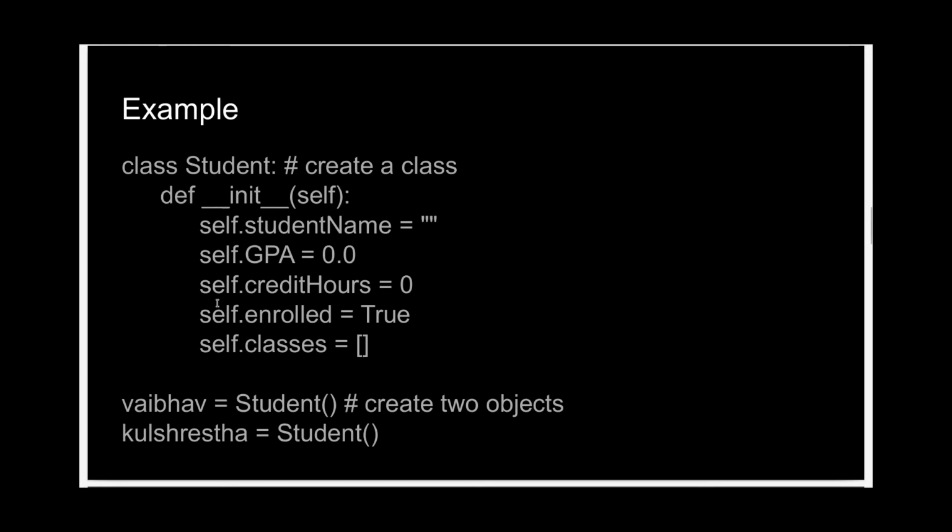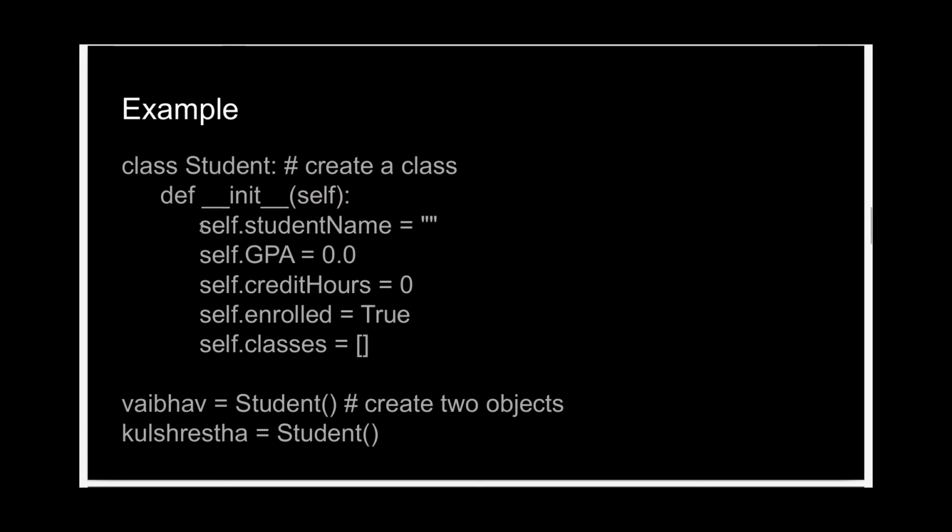Okay, now let's talk about an example of a class and object. Here we are creating a class called student, and this def __init__, def space double underscore init double underscore parenthesis self, is required for each class you make in Python.